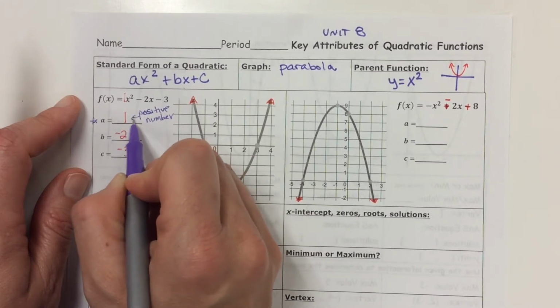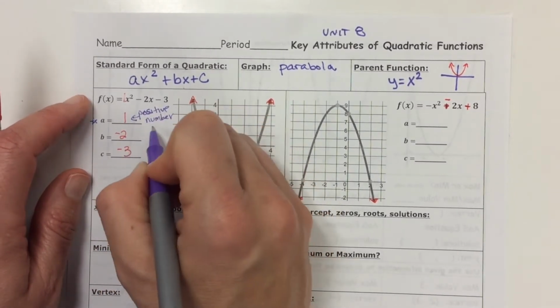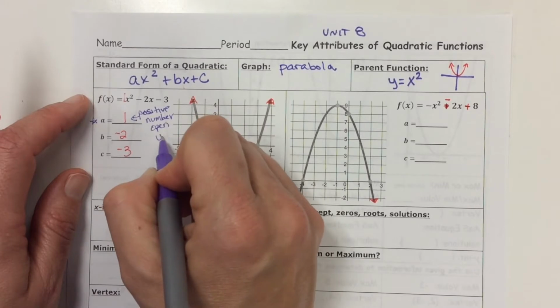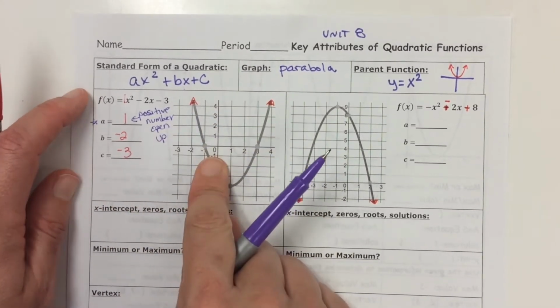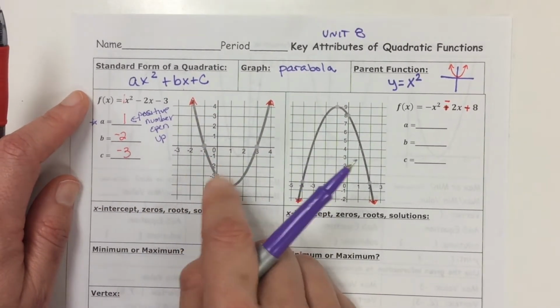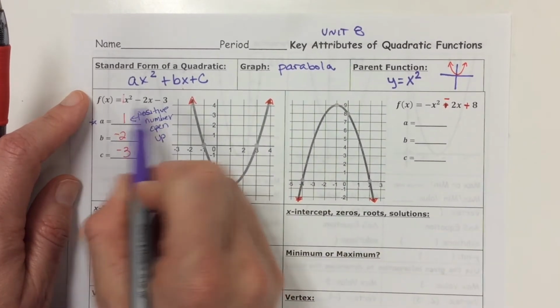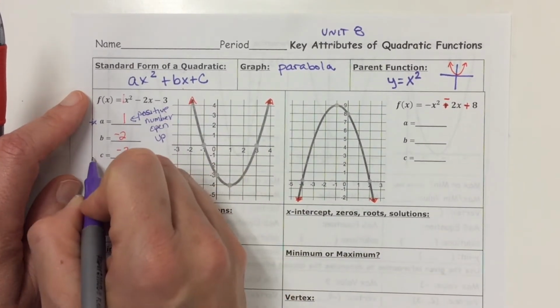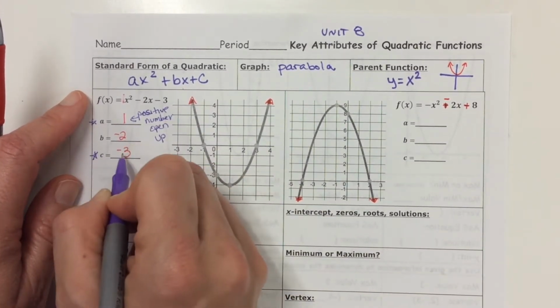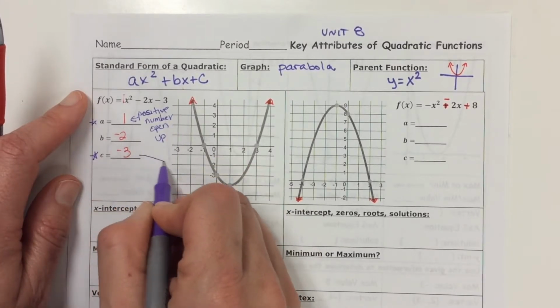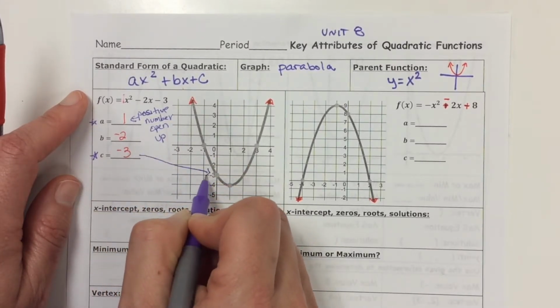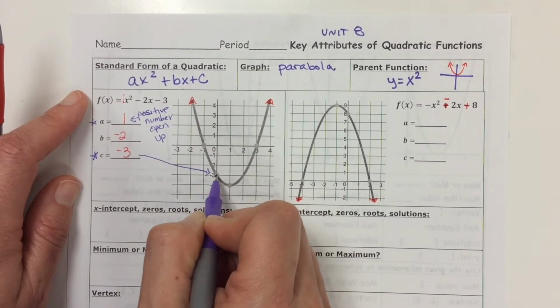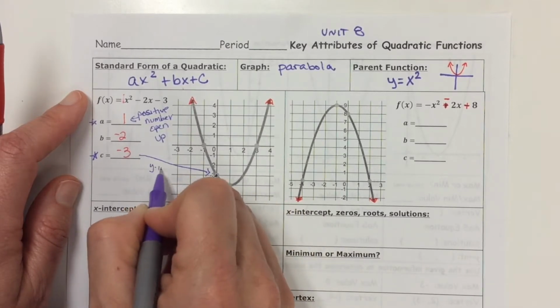If this is a positive number, then the graph will open up, just like this. The other quick thing that we can see from the equation is the c value corresponds to this point right here, this same number, which we call the y-intercept.